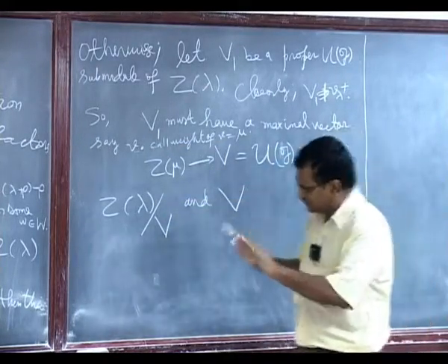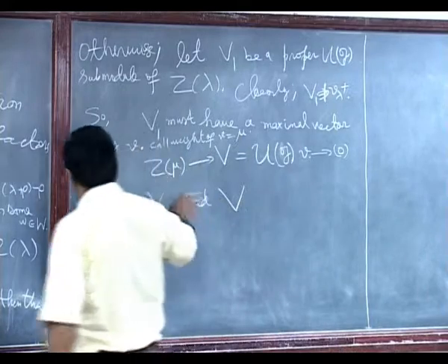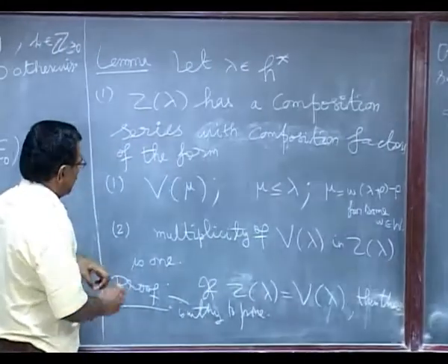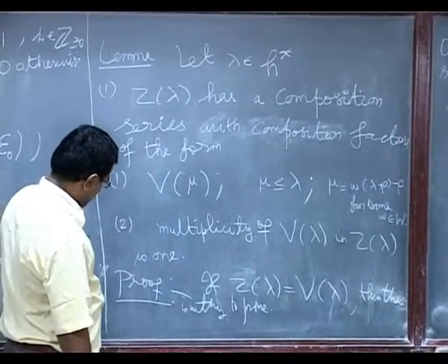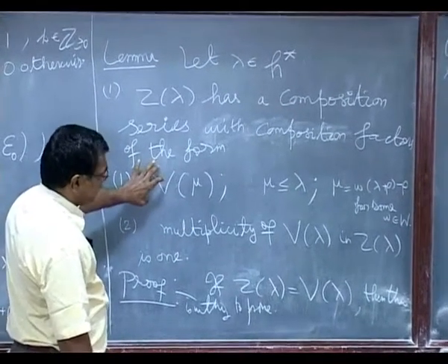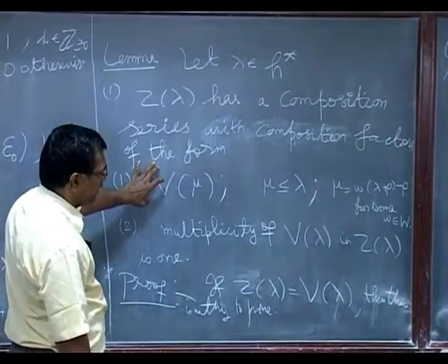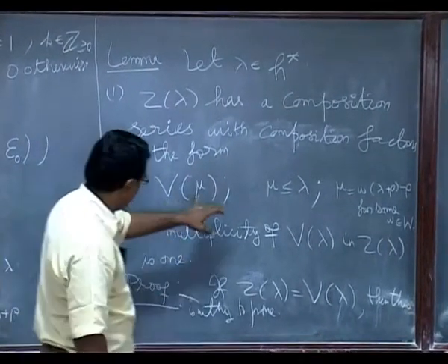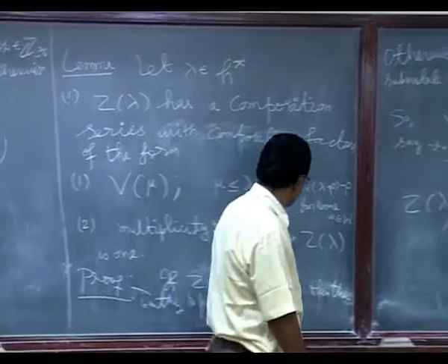So, by induction, both modules have composition series, and they have this property by Harish-Chandra's theorem that chi lambda. So, whatever weight satisfies this condition.